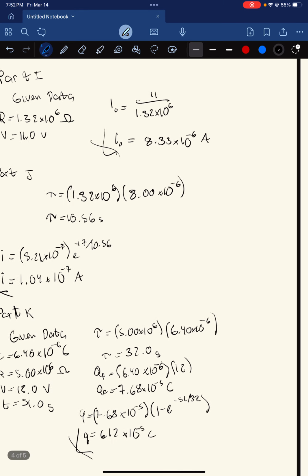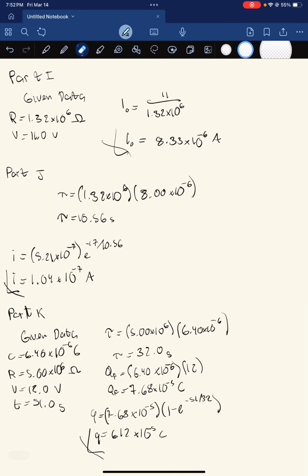Find the charge on the capacitor 70 seconds after you close the switch in the second circuit. Alright, to find that, we already have the given data. So capacitance 6.40, the resistance, 6 megaohms. So I'll write it down on mine. Part L, given data.